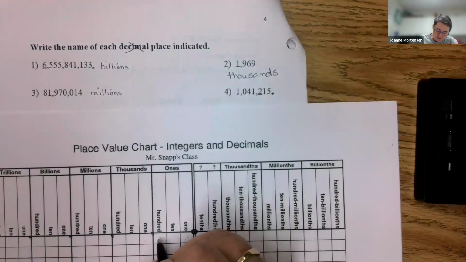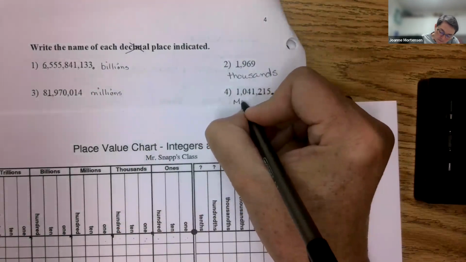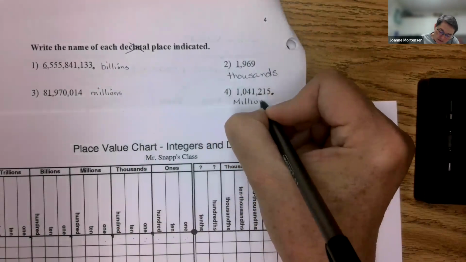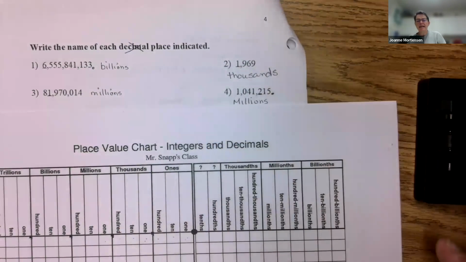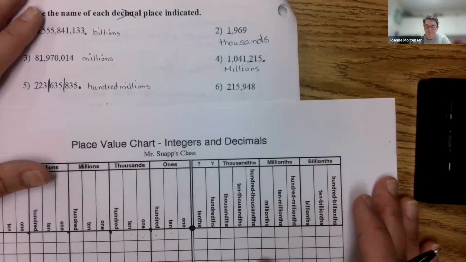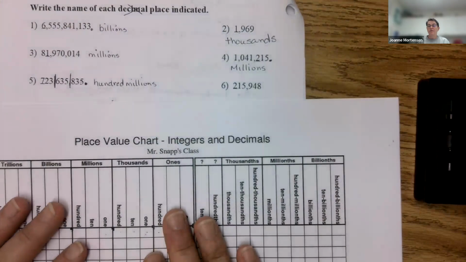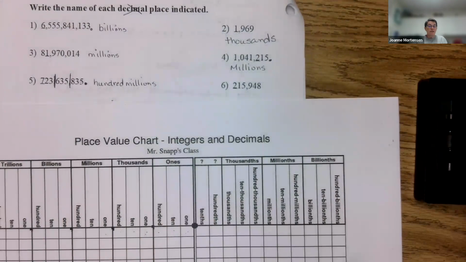So 1, 2, 3, 4, 5, 6, 7 millions. I'm digging that. That's a lot faster. But again, if it works and you're more comfortable, maybe in a testing situation, you want to write them out. Cool, cool, cool.